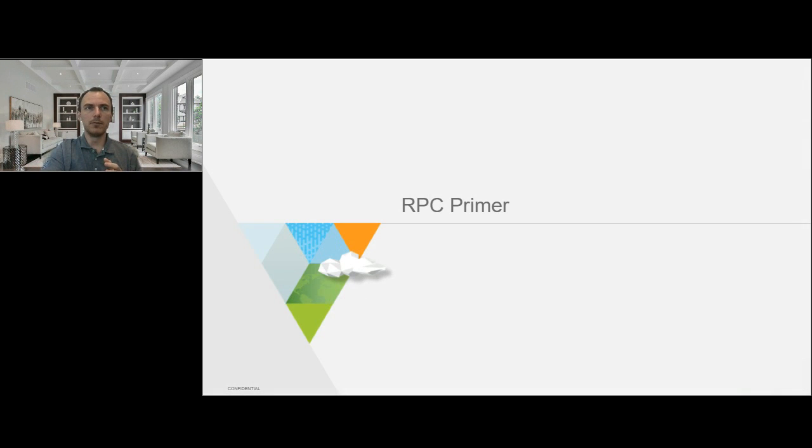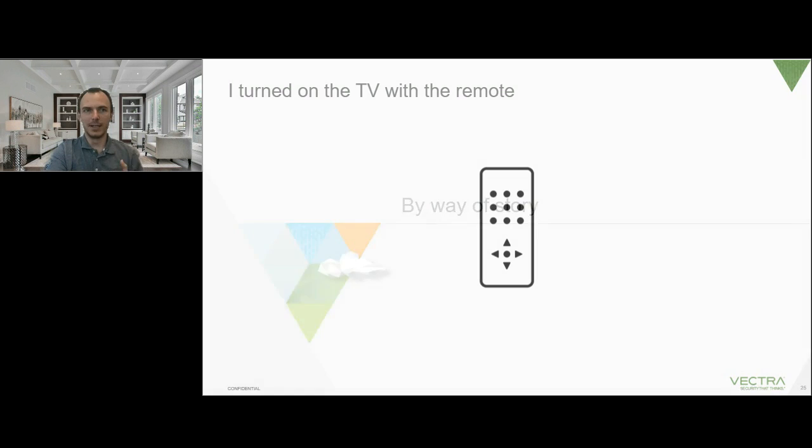But before I get into how we detect that, I want to talk about RPC and walk you through that as well, because there's interplay here. RPC, remote procedure calls. I am going to, of course, do this by way of story, easiest to understand. That story is simply, I turned on a TV with a remote. RPC is a little easier to explain via analogy.